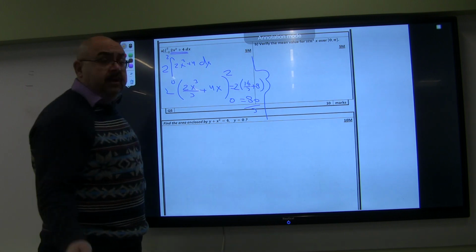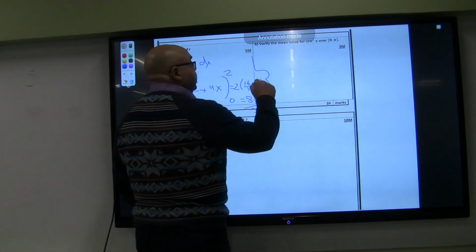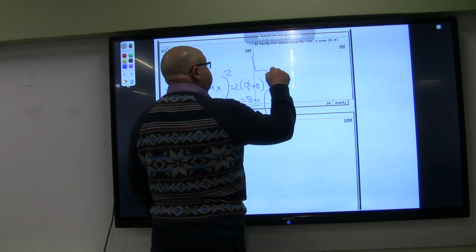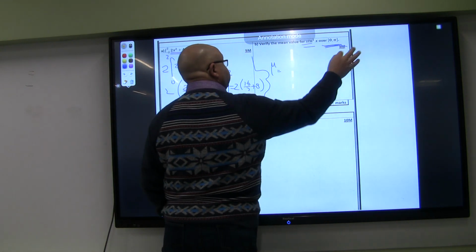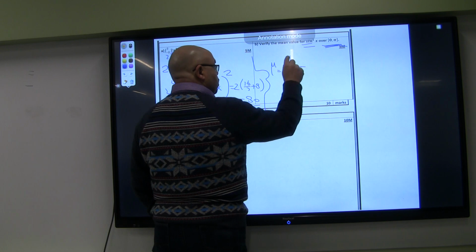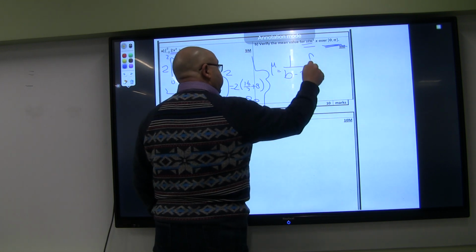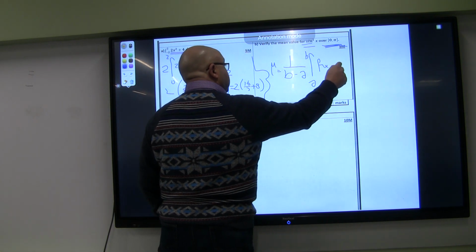He's asking you about the mean value, and this is an important part. We did go through it. Once you need to find the mean value, which is mu, for a certain function within a certain interval, all I have to do is to substitute in this law, 1 divided by b minus a, integration from a to b of f of x times dx.